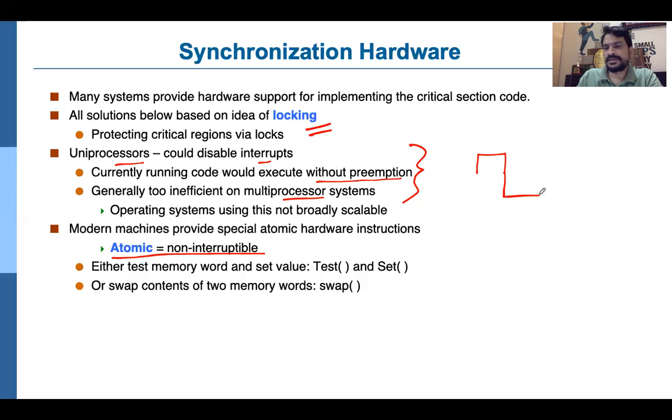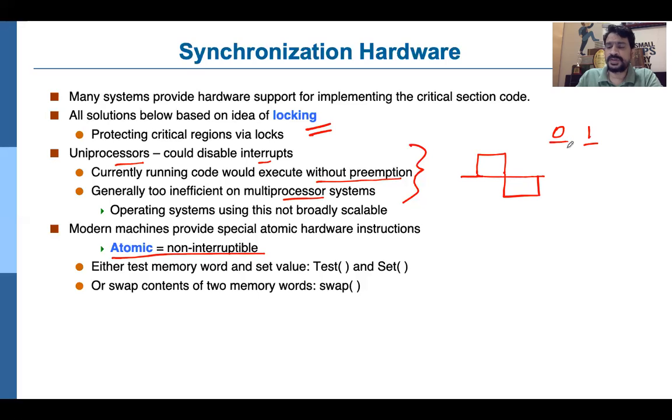In one CPU cycle we execute the instruction. It is just like 0 or 1: either it will execute 0 or 1.